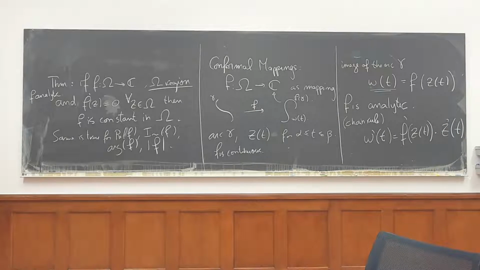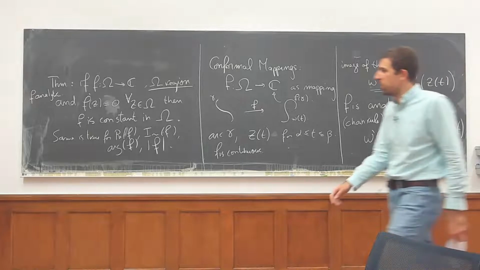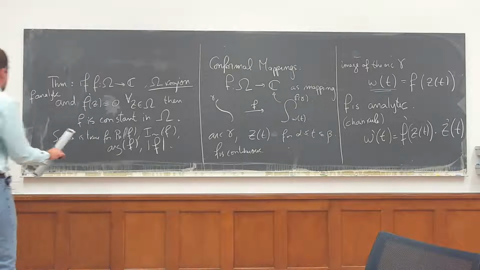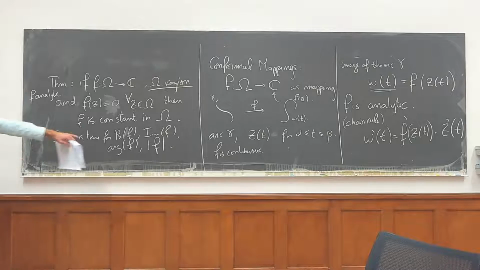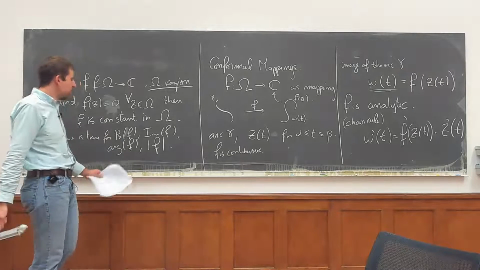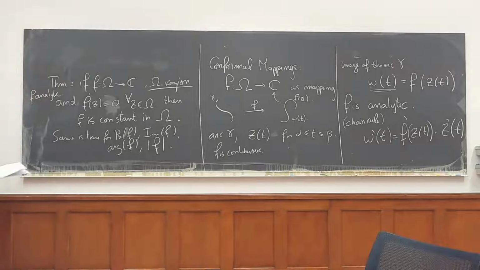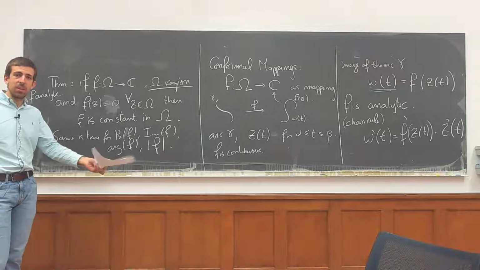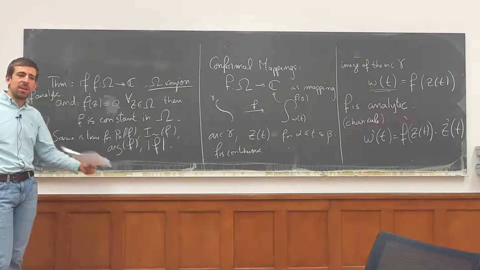Okay, let me erase over here. But maybe before I erase this, let me just say a couple of words, since this is in the homework. If you recall the proof of when we showed that if a function only takes real values and is differentiable, is analytic, then it must be constant.